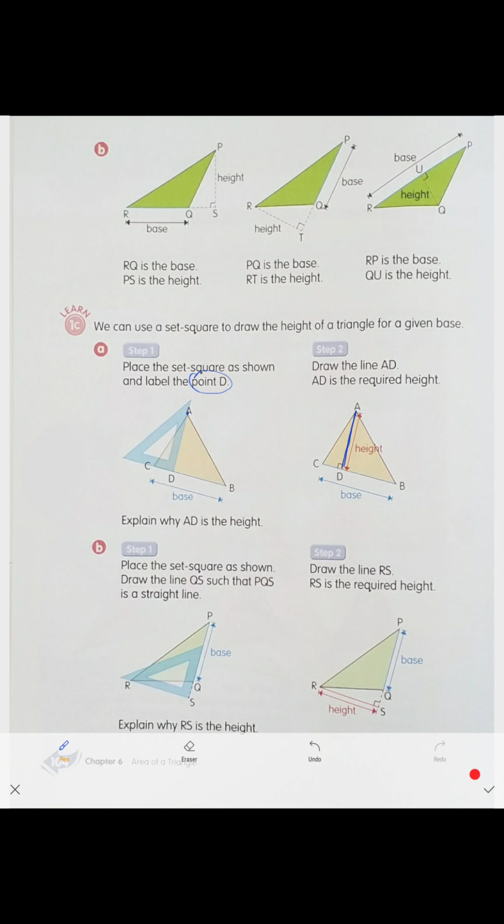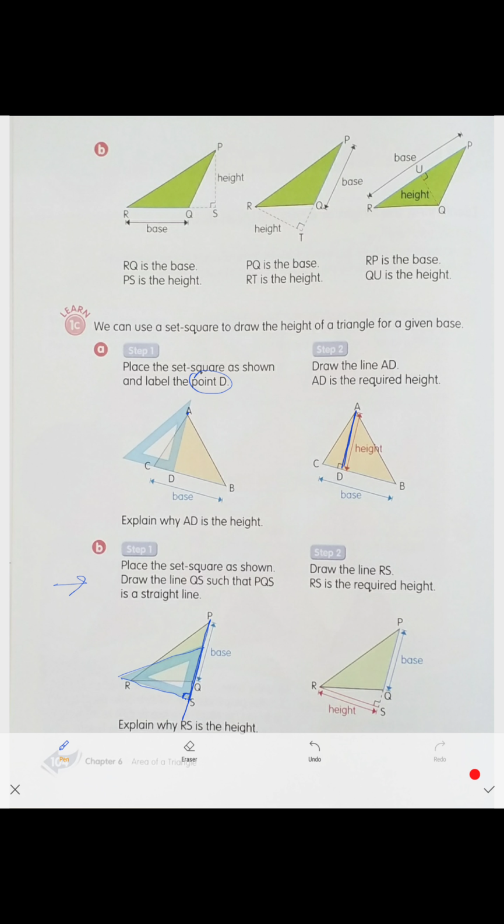With obtuse triangles, the triangles that have an obtuse angle, the story is the same. You place your set square like so, and this will be your right angle, and this is kind of your extrapolation of the side of the triangle.